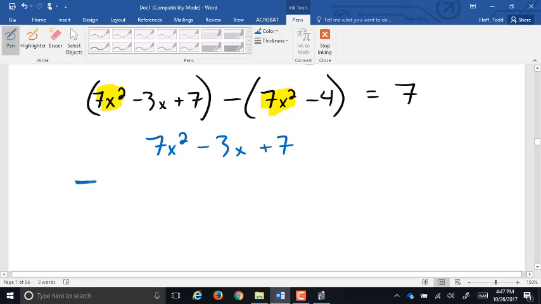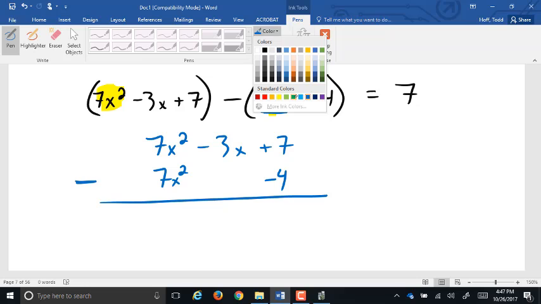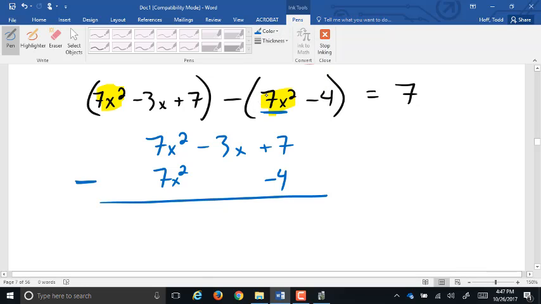And we are subtracting the 7x squared, which goes under the x squared. The negative 4 is going to go under the 1s. 7 minus a negative 4 is 7 plus 4, which is a positive 11. Well, negative 3x minus nothing is just negative 3x. Well, 7x squared minus 7x squared cancels out.